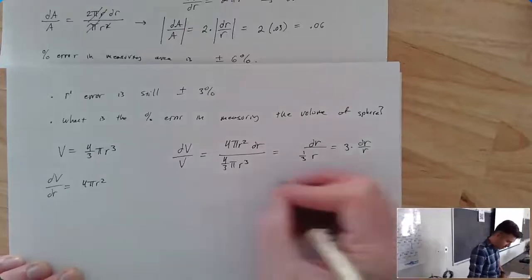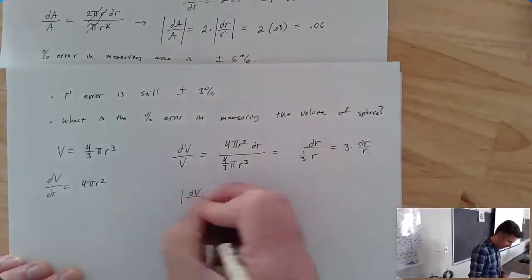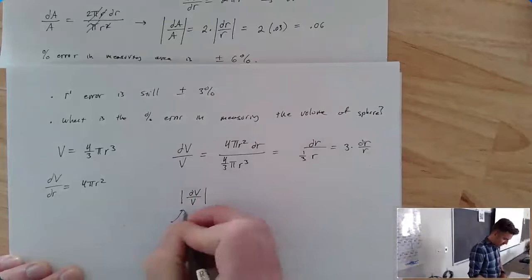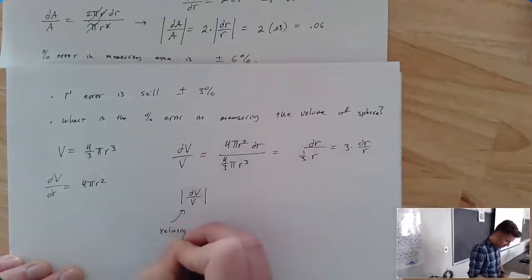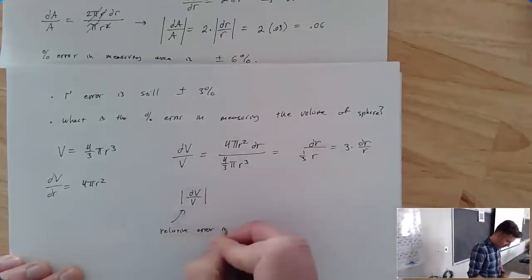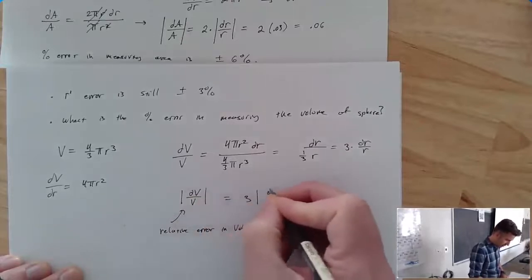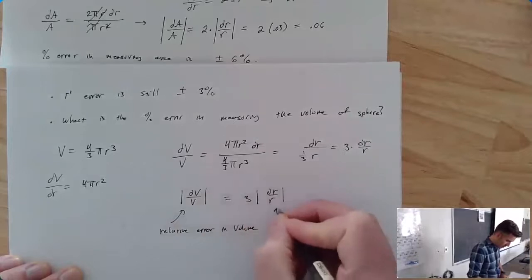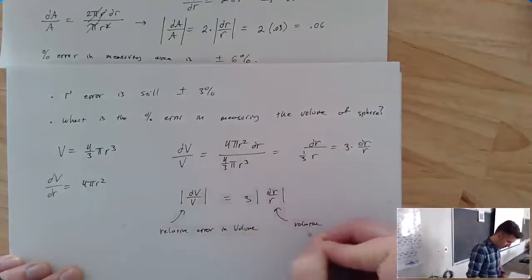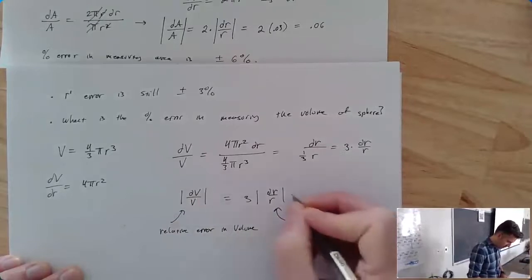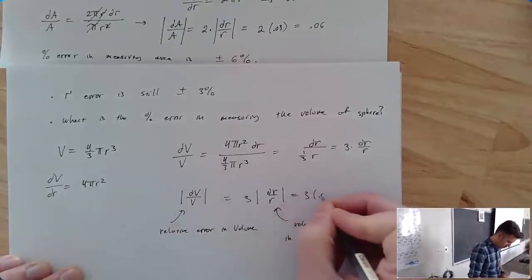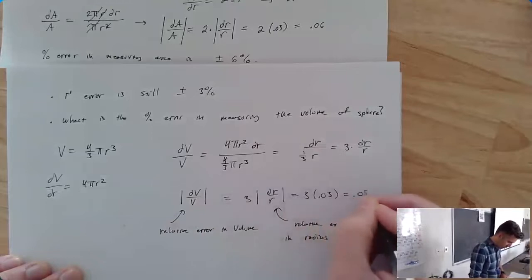So we've got that the absolute value of dV over V, the relative error in the volume, is equal to 3 times the absolute value of dr over r, the relative error in the radius. So that's going to equal 3 times 0.03, which is 0.09.